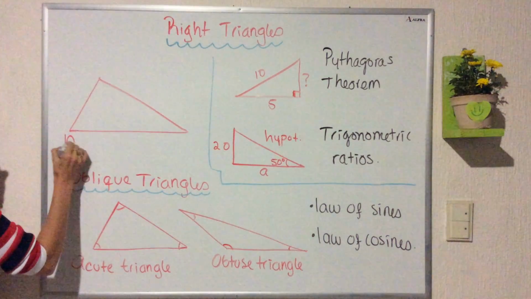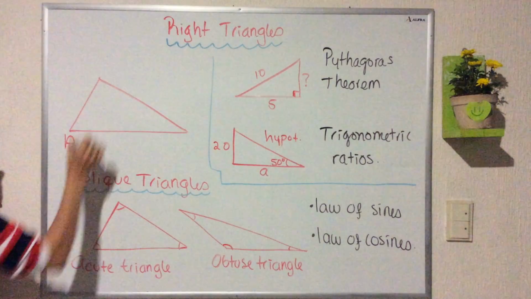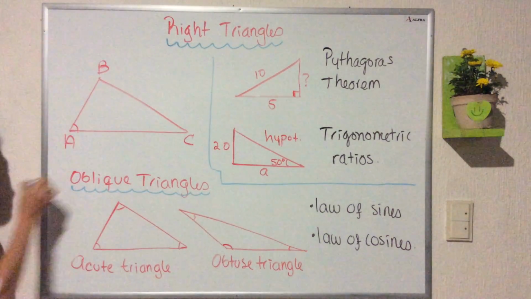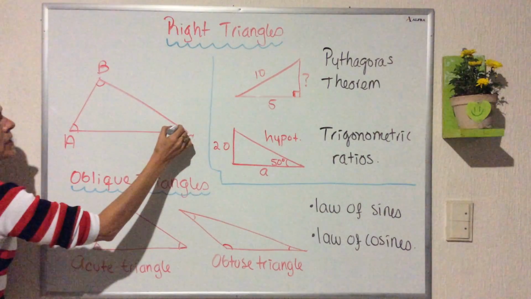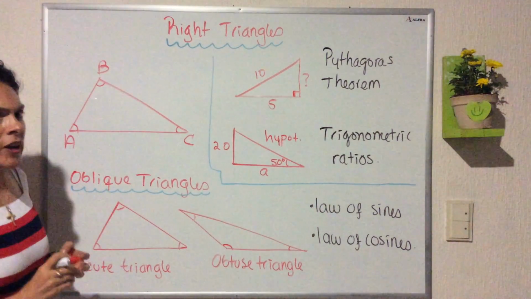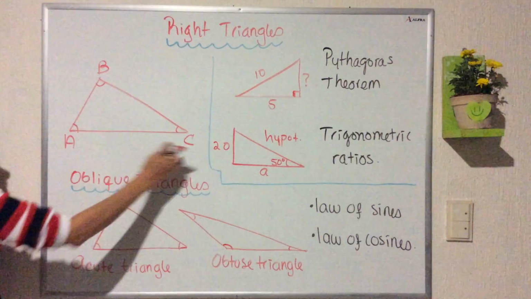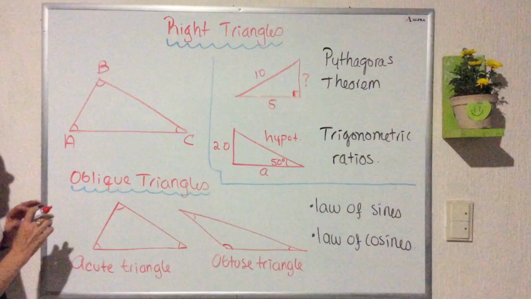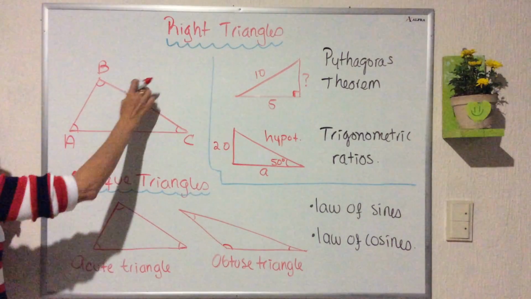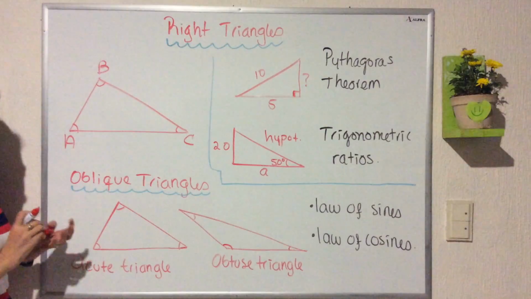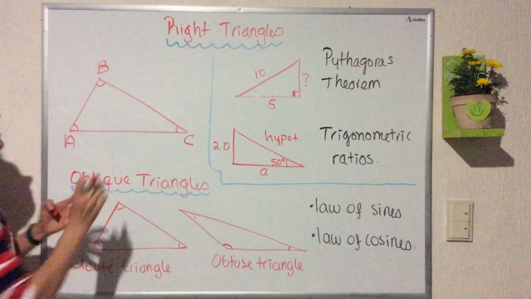For example, it could be A, B, and C. This is going to be angle A, this is angle B, and this is angle C. But always, this is a must, write the name of the angle with capital letters, not lowercase letters, because the names of the sides opposite to the angles are going to be the same letter but in lowercase.